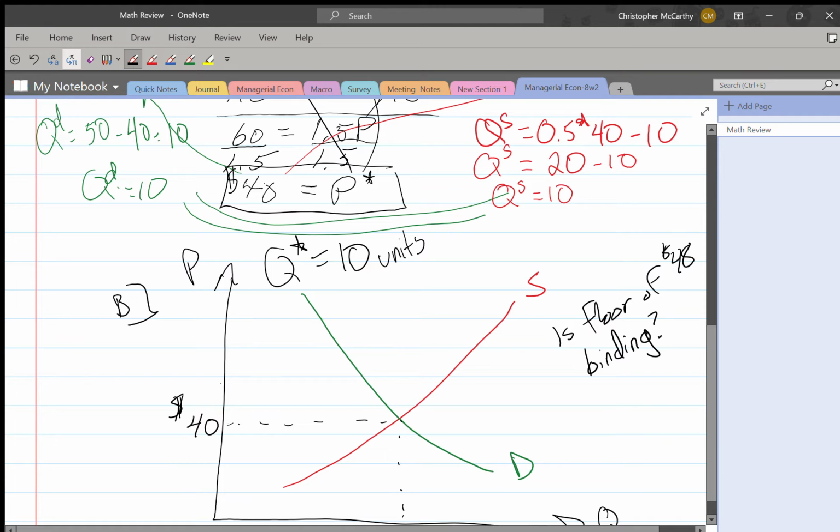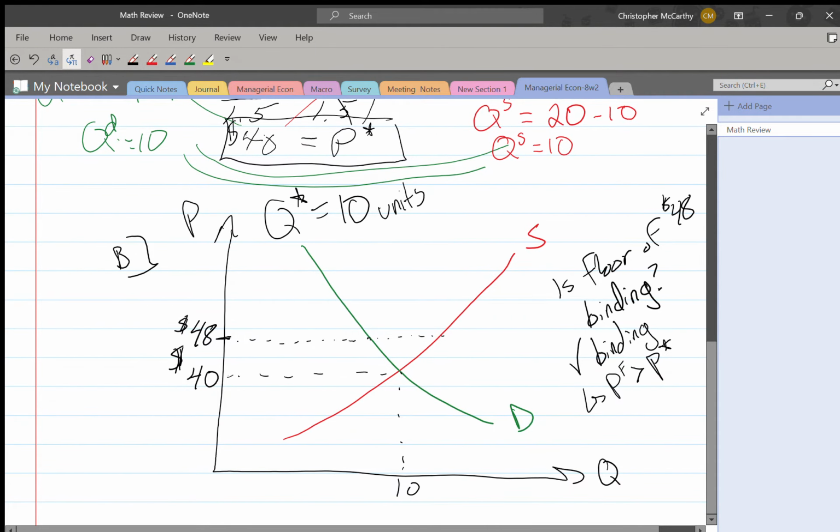So the government says you cannot charge below $48. Since this $48 is above the equilibrium price, yes, this is binding. Why? It's because the price floor is greater than the equilibrium price that we discovered earlier.